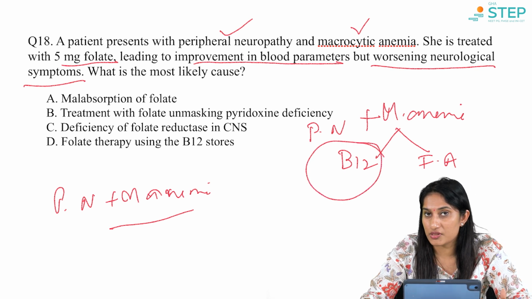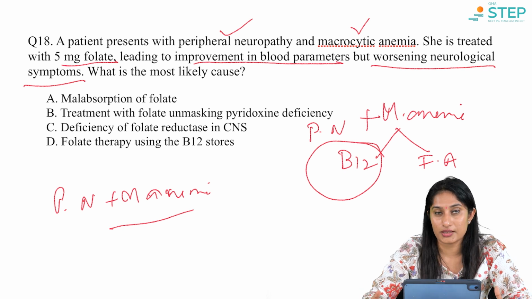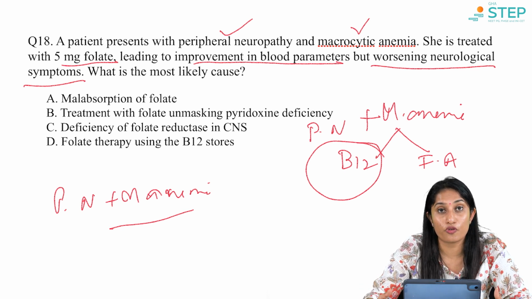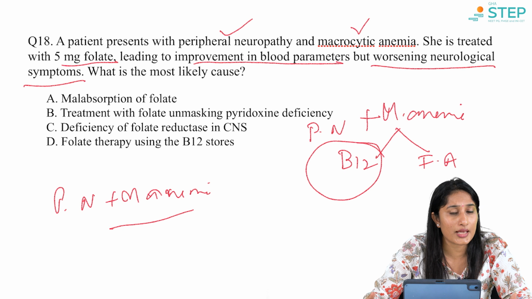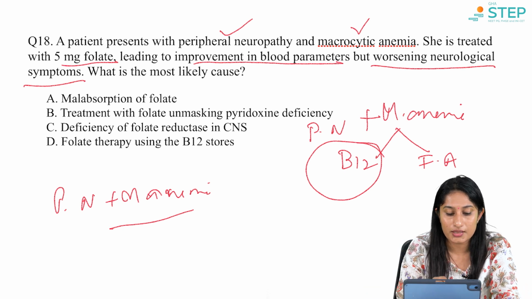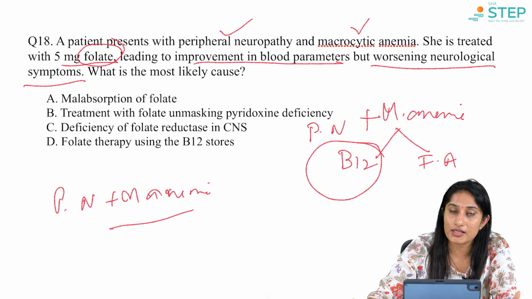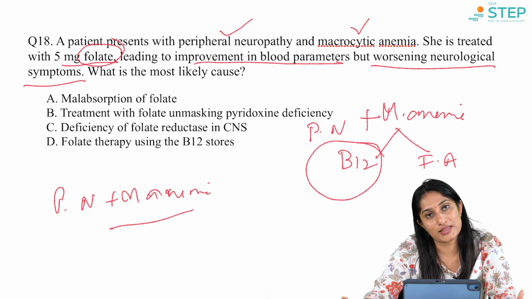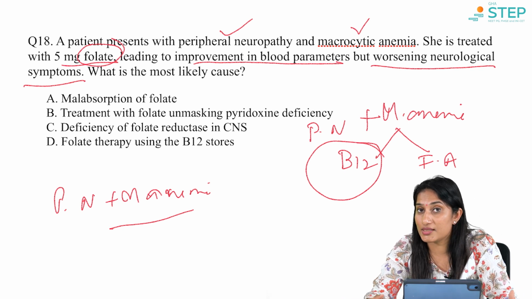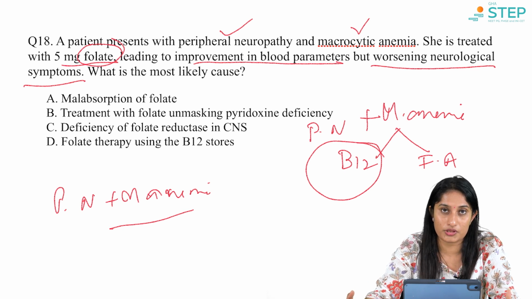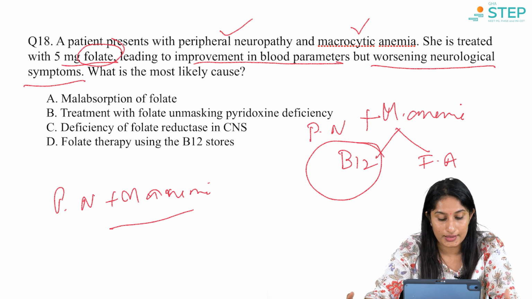Folic acid deficiency would generally cause macrocytic anemia, but if you have neurological symptoms also along with macrocytic anemia, then we have to think of B12 deficiency. But what has happened in this case is the person is treated only with folate. So, obviously, the anemia picture has improved. But what has this done to the person? It has worsened the neurological symptoms. So, what is the likely cause?